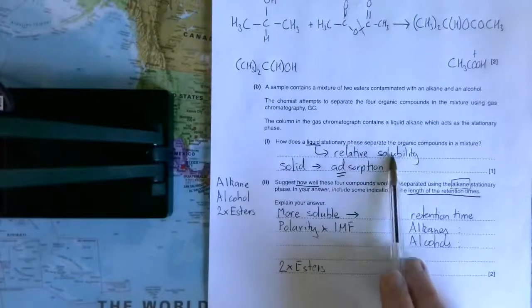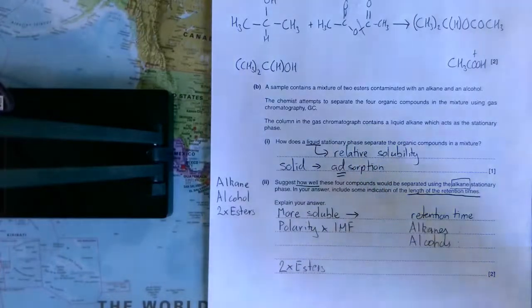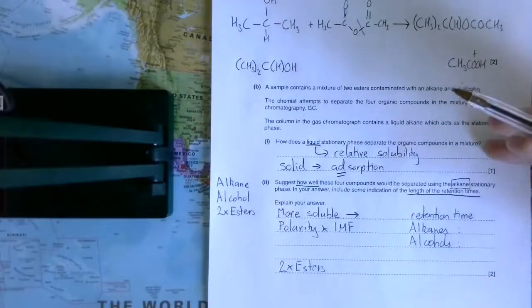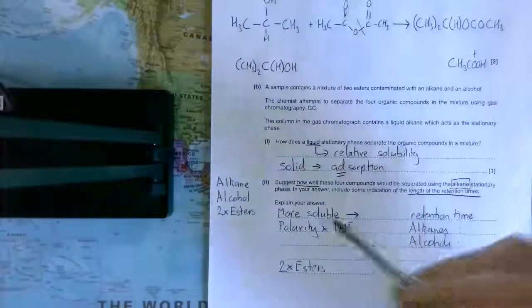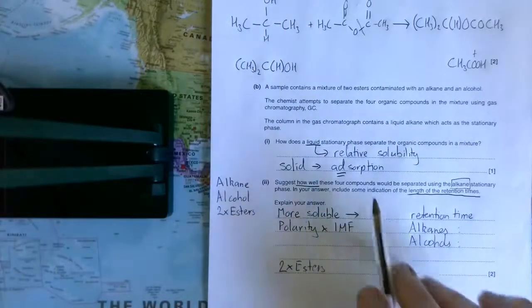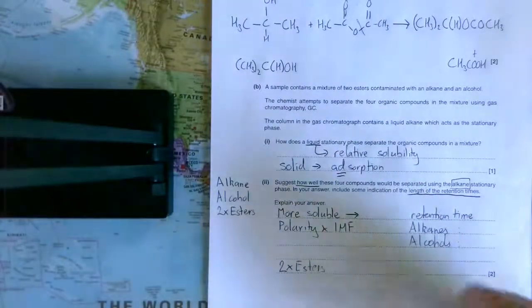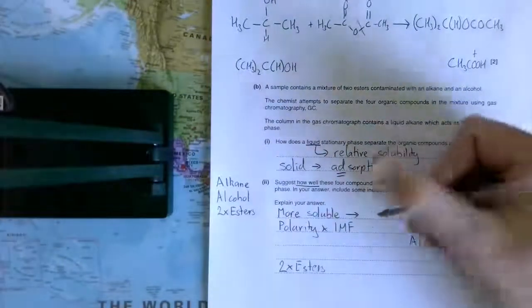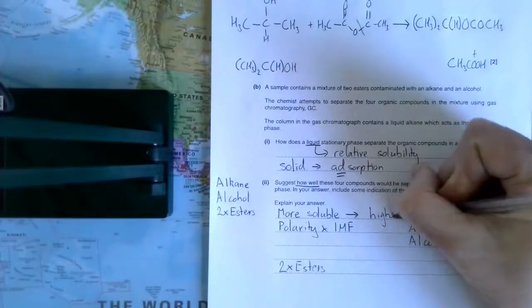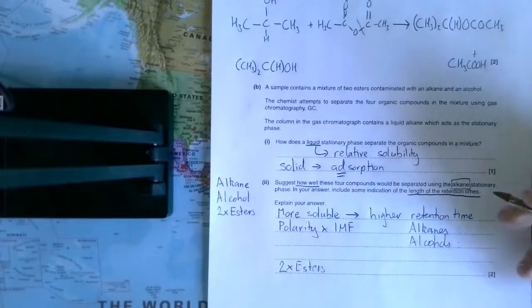So we've said relative solubility is the key component for separating the compounds in the mixture here. If a compound is more soluble in this stationary phase, it will spend more time stationary, so you have a higher retention time. So that's your concept for this. The more soluble the component is in the stationary phase, the more time it is stationary for.